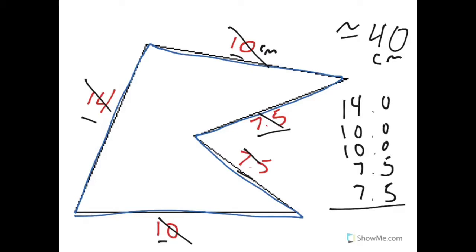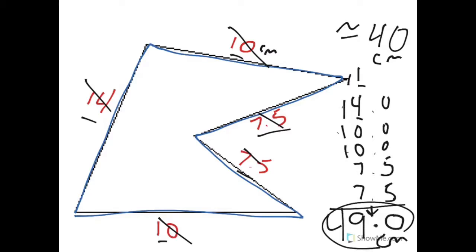You can add in zeros if you'd like. 0.5 plus 0.5 gives us 1. Drop the 0, carry the 1, drop my decimal down. 7 plus 7 is 14, plus 4 is 18, plus 1 is 19. Drop the 9, carry the 1. 1 plus 1 plus 1 plus 1 is 4. The actual perimeter is 49 centimeters. That's the actual perimeter of this particular polygon.